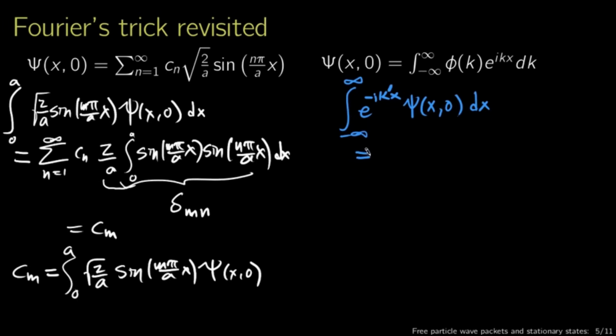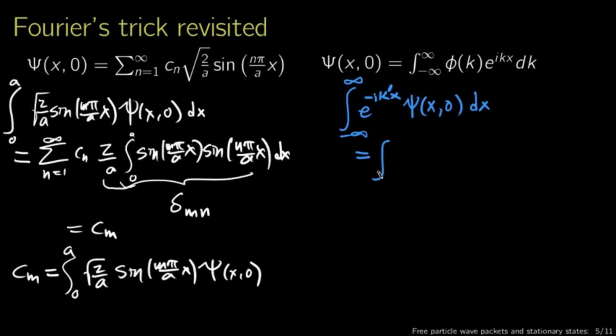The right-hand side, in this case, now instead of having a sum over n, I have an integral over k. What I'm multiplying by from the left is again the e to the minus i k prime x, but this integral that I'm doing, that's an integral dx. So I can exchange the order of integration by k and integration by x.